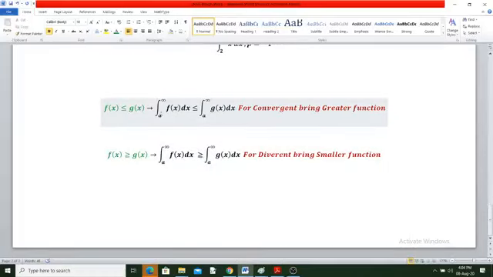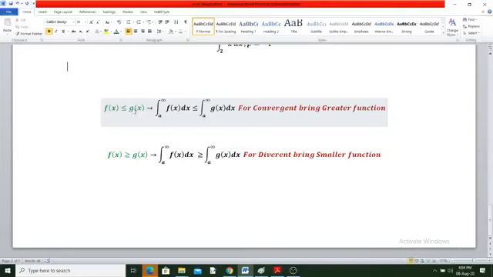We have to check whether this integral is convergent or divergent, and you decide to prove it convergent. So bring the greater function g of x from f of x, and then the same integral as for f of x.